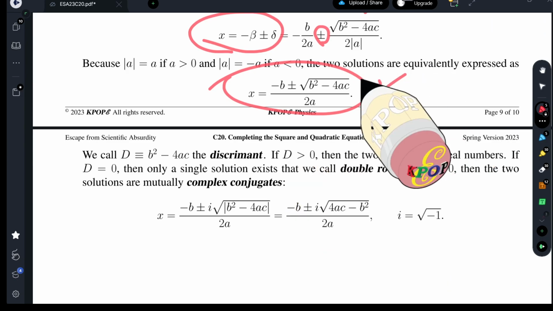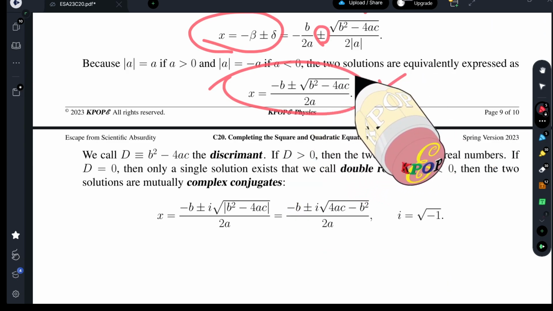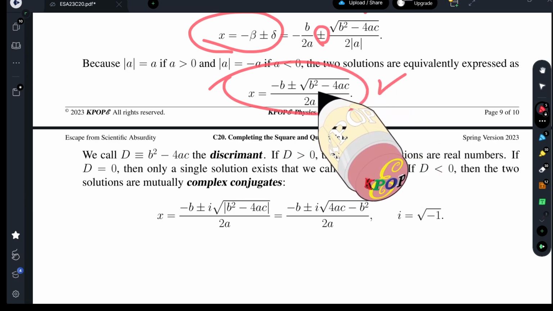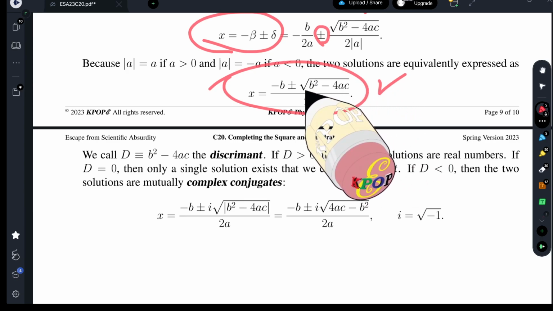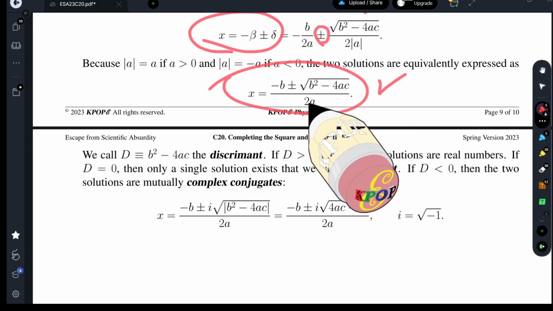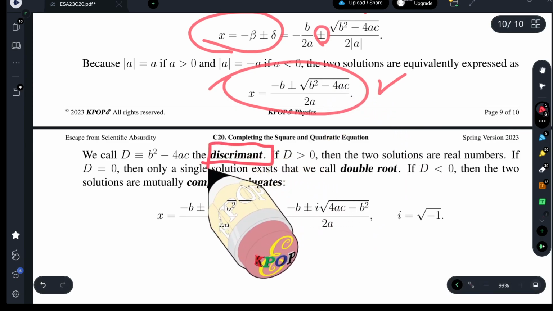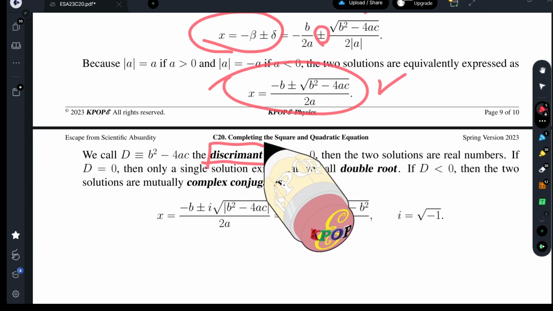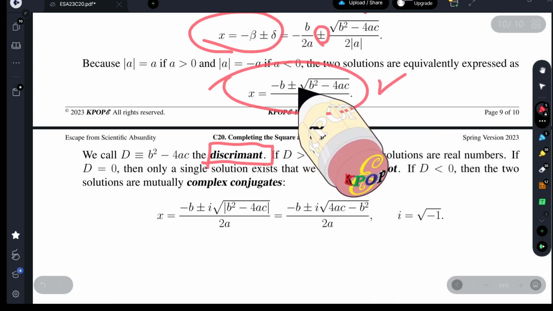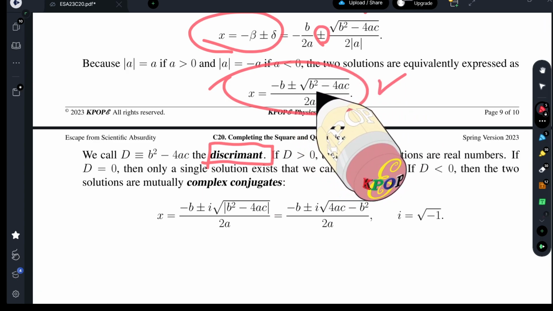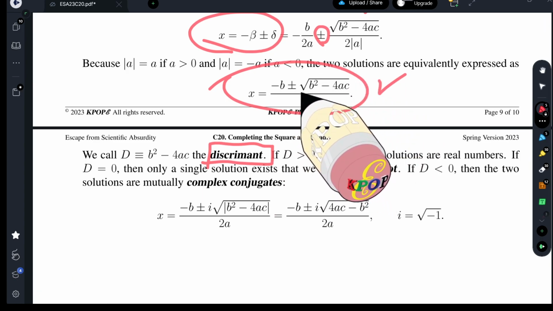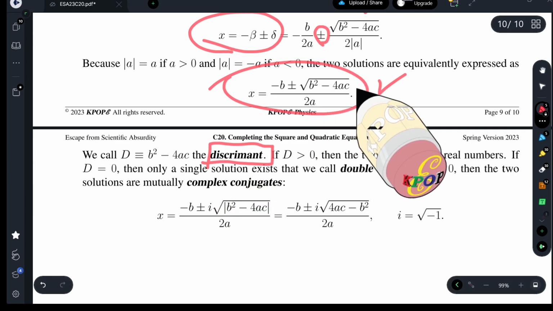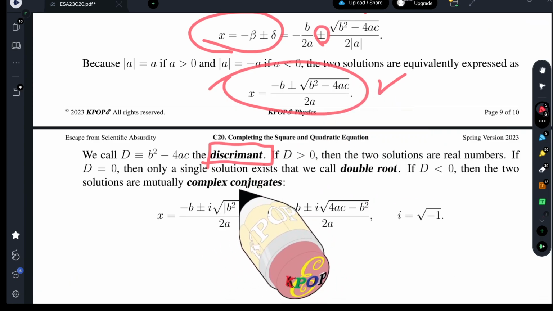However, we can check the sign of the argument of the square root if we define this one, b squared minus 4ac, as the discriminant. If the discriminant is positive, then the square root term is a real number. If it is negative, then the square root term is a pure imaginary number.